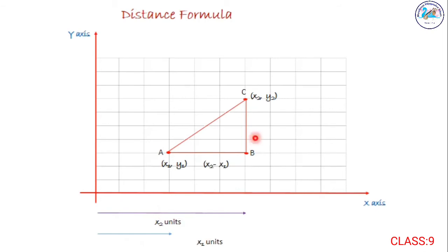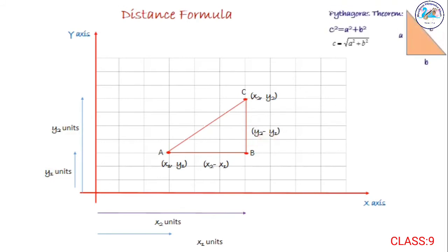And same way, how to calculate BC? From the x-axis to the point C, this distance, is y2, the y-axis value we call y2, and from the x-axis to the point A, that is y1 units. How will we calculate BC? From the total length y2 we have to subtract y1. So y2 minus y1 is the distance BC.